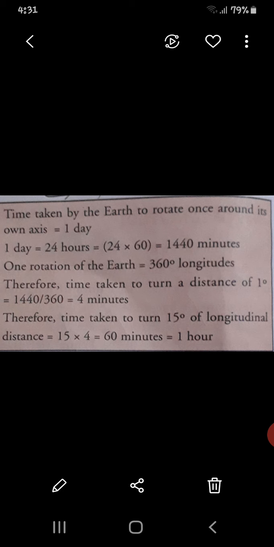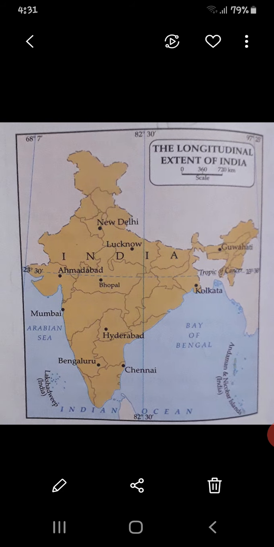Of course, the sun's position is also very important, but now we are accurately calculating the time. There are several longitudes passing through India.